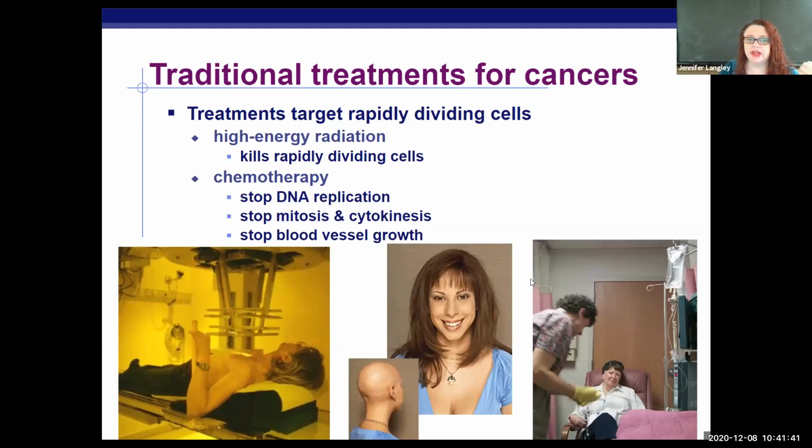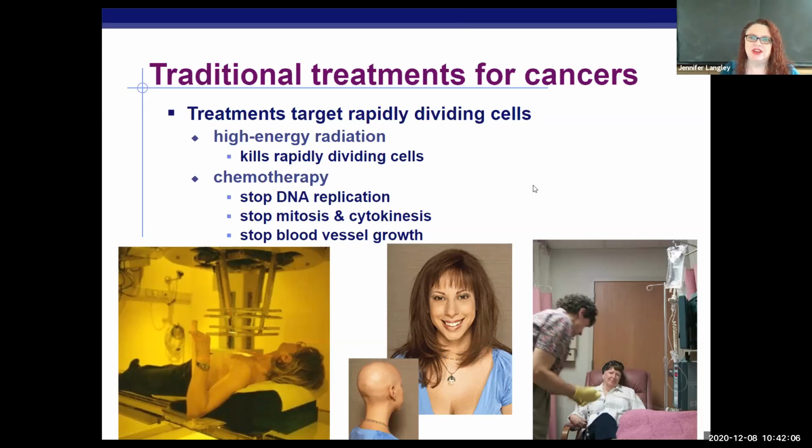Now, traditional treatments for cancer include radiation and chemotherapy. Now, radiation is a very targeted, very pinpoint radiation. So they usually will give the patients a little tiny tattoo for where they're directing the laser, because they'll have to do multiple treatments, and then they know they're getting exactly the right spot.